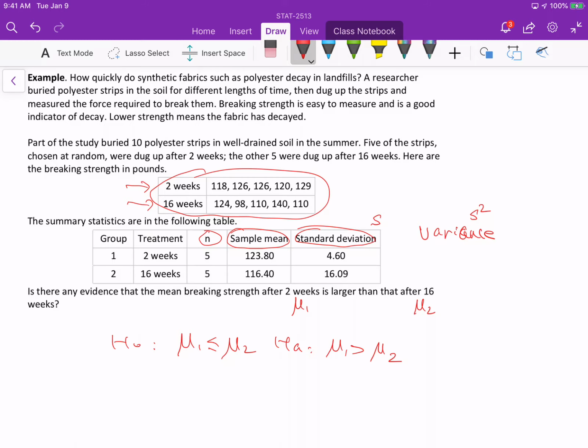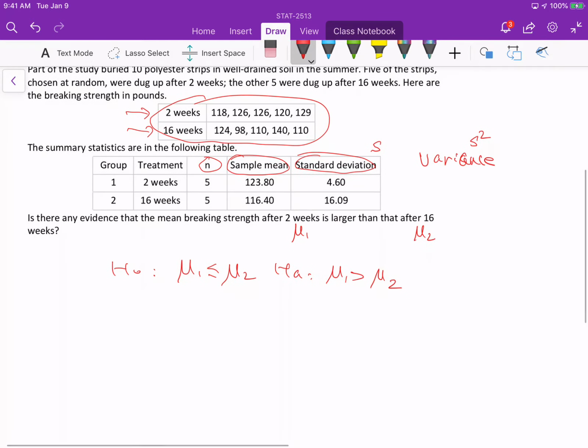Let's calculate the test statistic. First we assume the equality of variance.